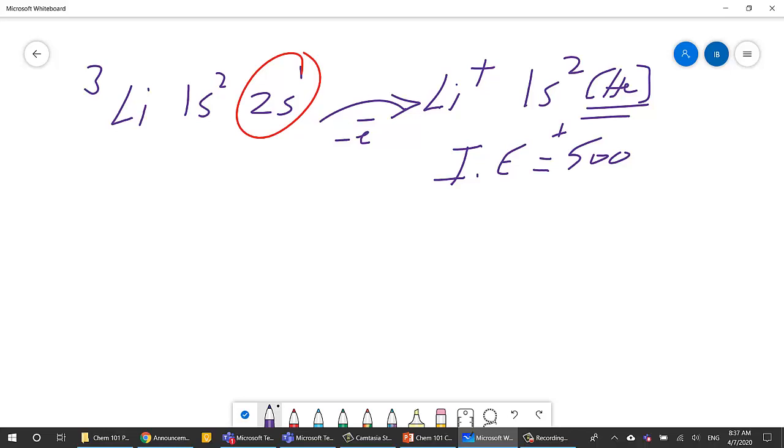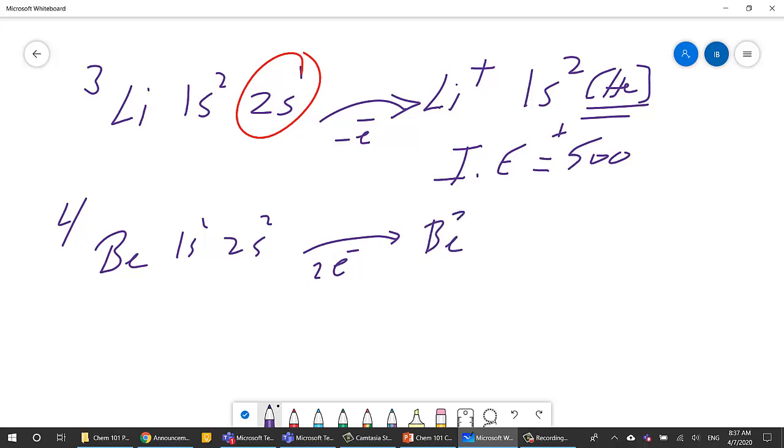Now let's go to beryllium, which is the second element in the period after lithium. Beryllium has 4 electrons, which is 1s2, 2s2, and if you want to take an electron off, oh, sorry, I'm doing only the first ionization energy. So you take an electron to make Be plus, and that will give you 1s2, 2s1.